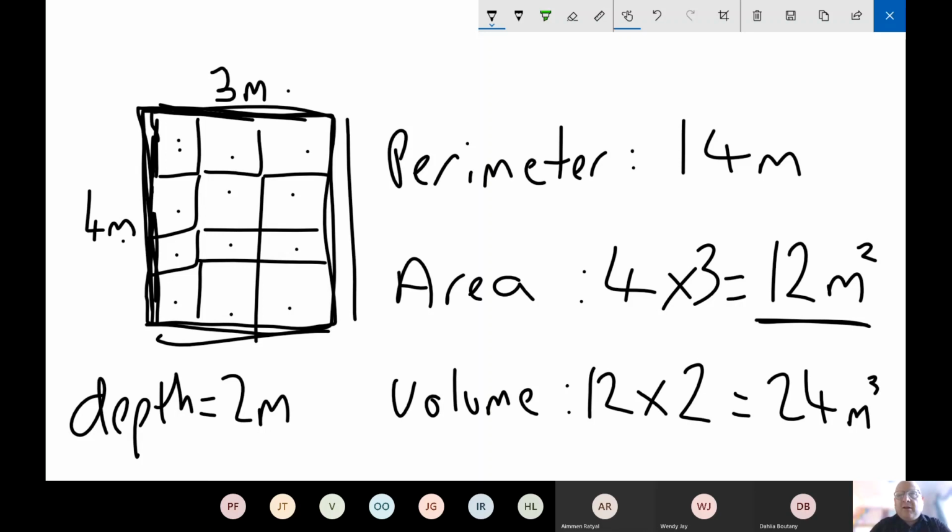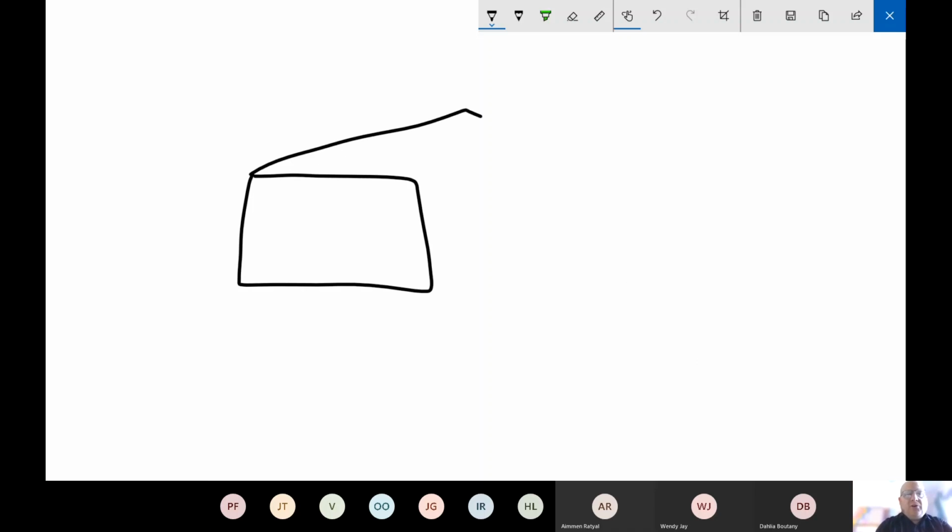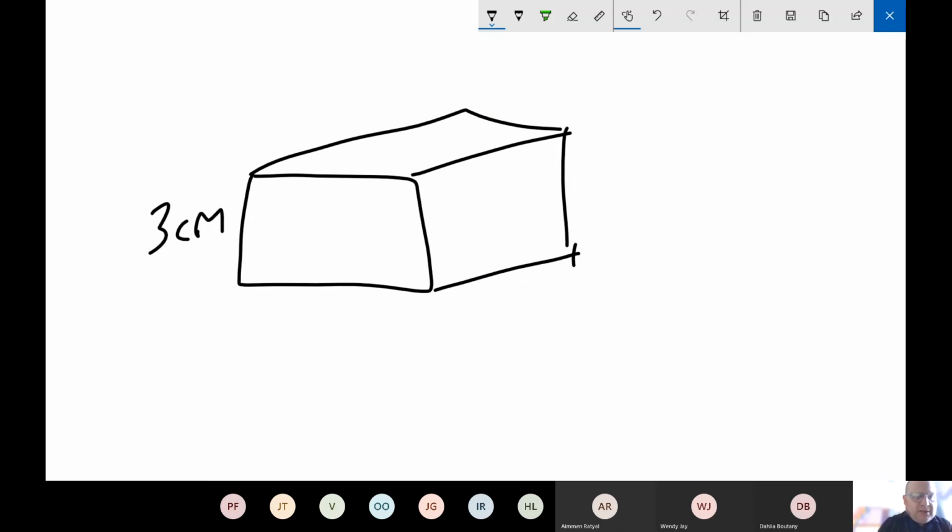So if I delete all of that, let's just do a smaller version to emphasize my point for volume. Again, no awards for the graphics, I'm afraid. But let's say this is a small box, 3 centimeters by 3 centimeters, and it goes back by 6 centimeters. And again, I've specifically said goes back because you could call it the depth, or if you stood it up, its height, or you could call it length or width, depending on how you were looking at it.